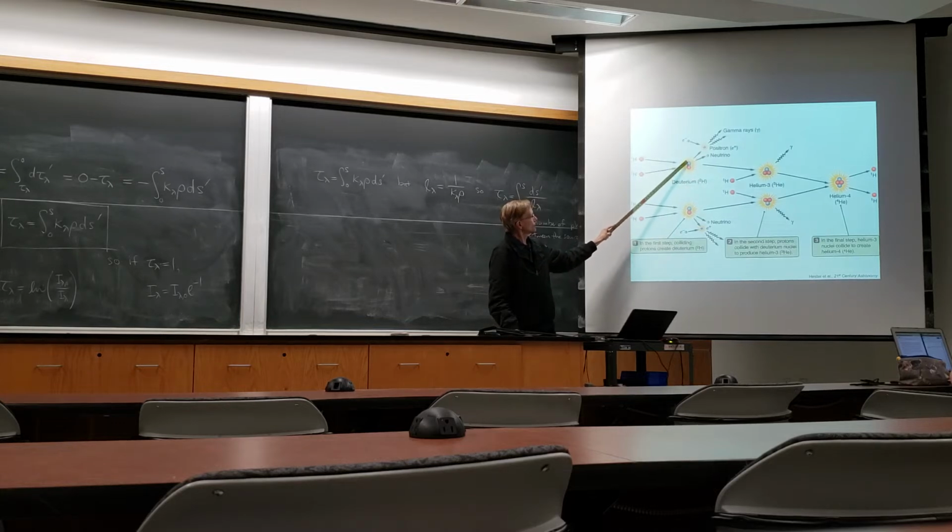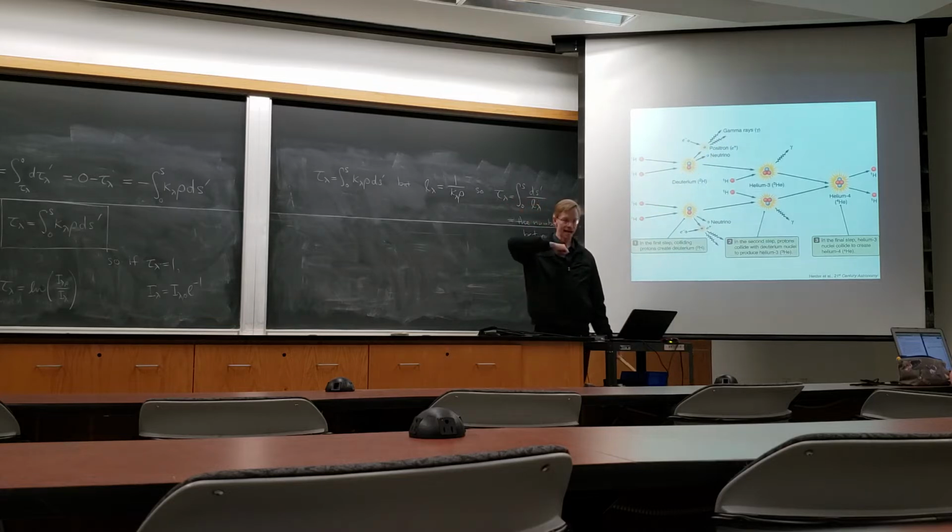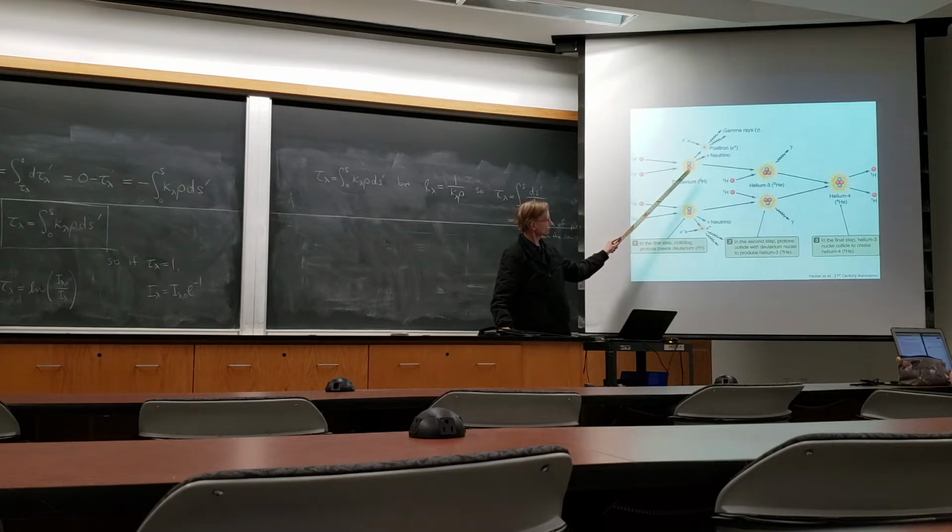And when one of the protons turns into a neutron, it does that by spitting out a positron, an antimatter version of the electron, which quickly annihilates with an electron in the star nearby, and that produces a pair of gamma rays, and then a neutrino, which passes right out of the sun because neutrinos hardly interact with anything.